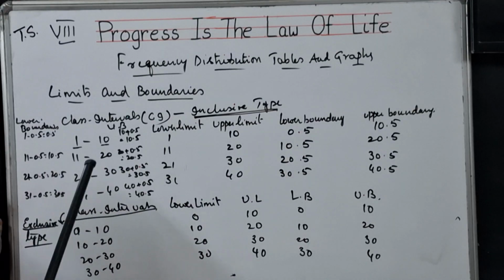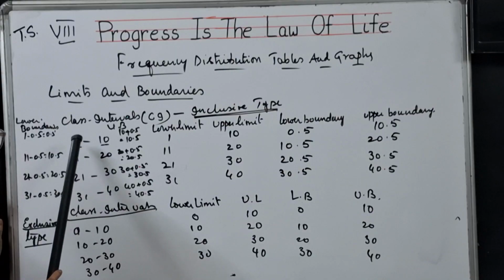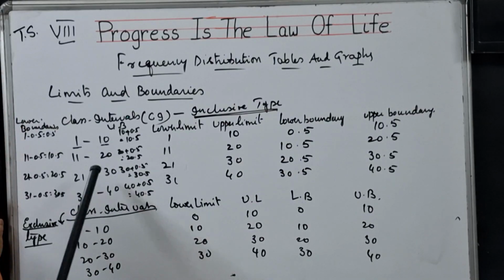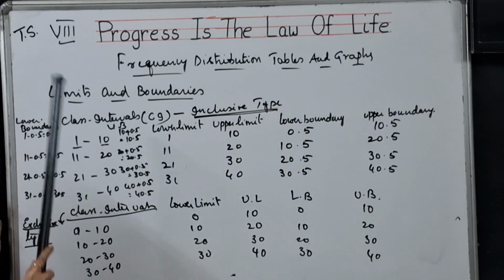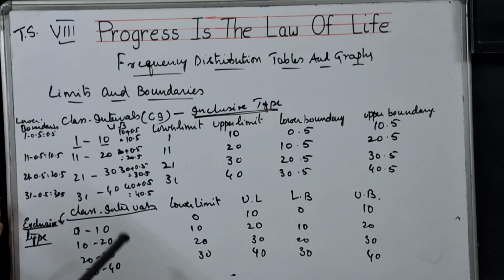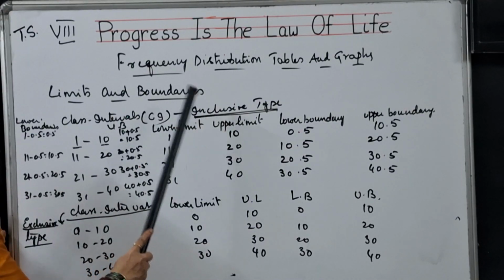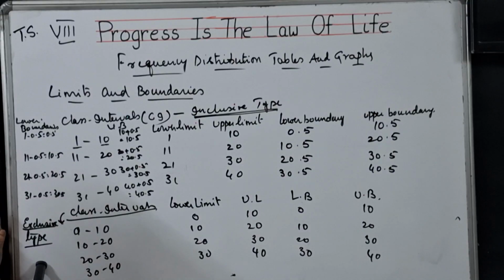So I hope I am clear. Limits means the lower value and upper value of the class interval as such. Those are limits. But for boundaries, first and foremost you have to see whether the given class intervals are inclusive type or exclusive type.